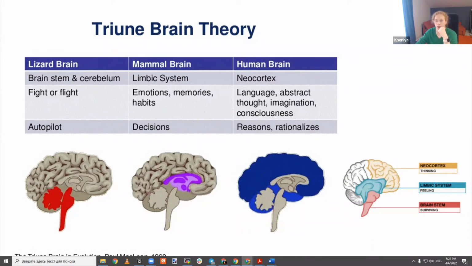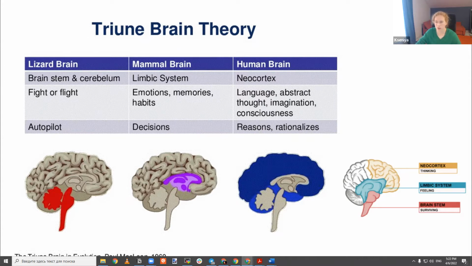This is a model of the evolution of the vertebrate forebrain and behavior proposed by the American physician and neuroscientist Paul MacLean. MacLean originally formulated his model in the 1960s and propounded it to the 1990s.